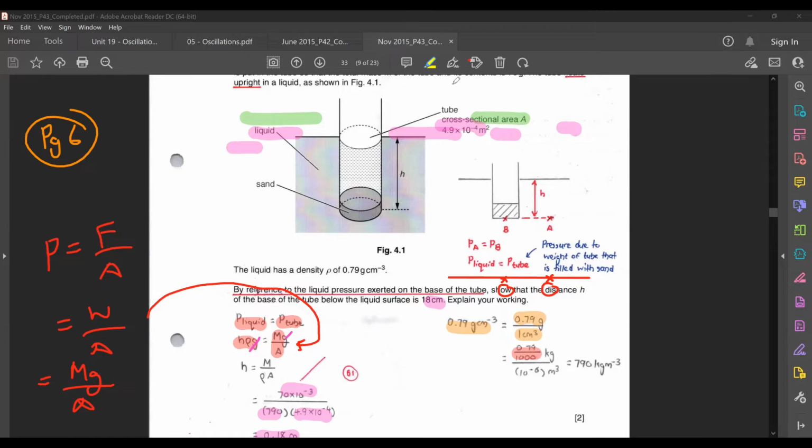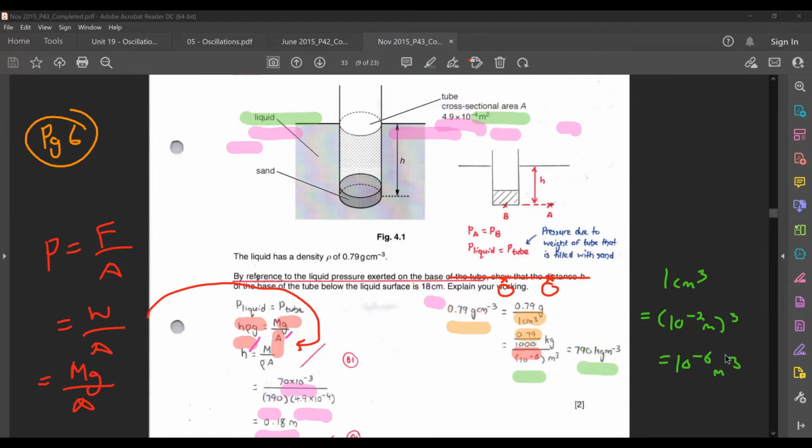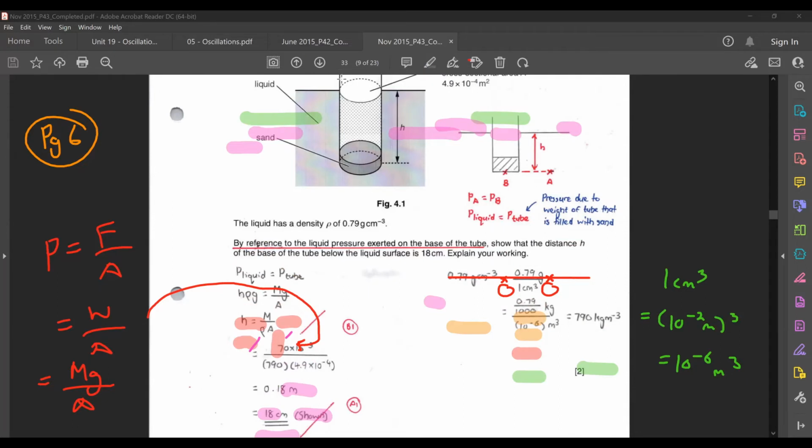We change the centimeter cube to meter cube, you times 10 power minus 6. 1 centimeter cube is the same as 10 power minus 2 meter cube, cubed. That's why it's going to be 10 power minus 6 meter cube. So you're going to get the answer as 18 centimeter eventually, once you do the complete substitution.